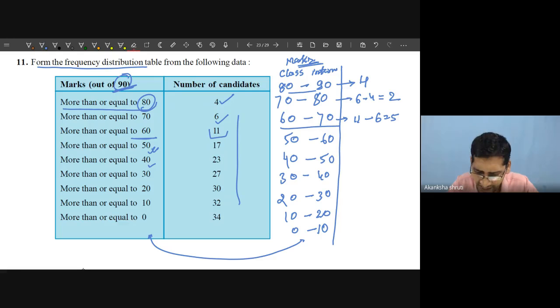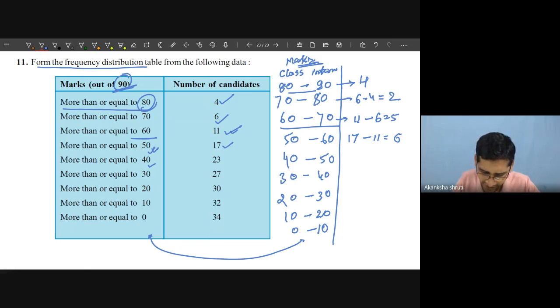So the key thing is that you have to just take this successive difference to write it here, what we were doing for making the cumulative frequency table. The same thing. More than 50, it is our 17 minus the previous one, our 11. So it's also 6.